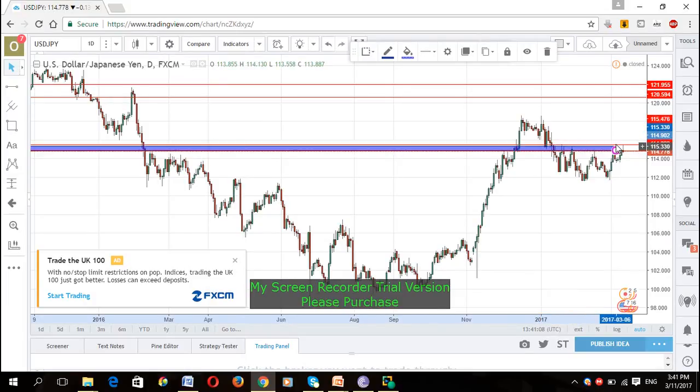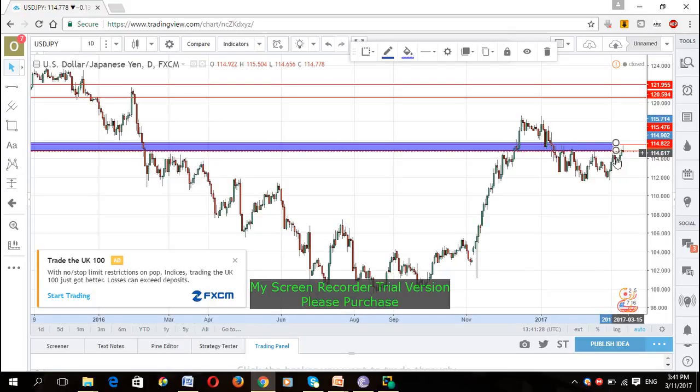And as we speak, the date today is the 11th of March, right? So as you can see, we have a bearish candle here, and it's also testing this level.